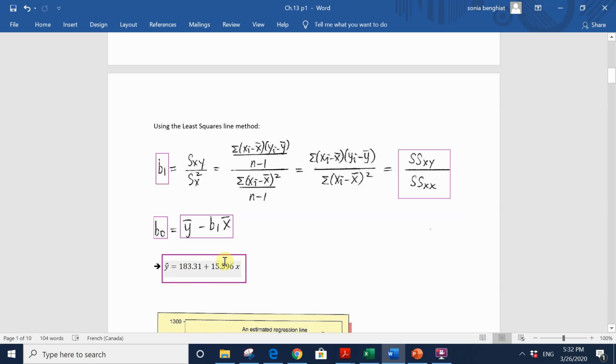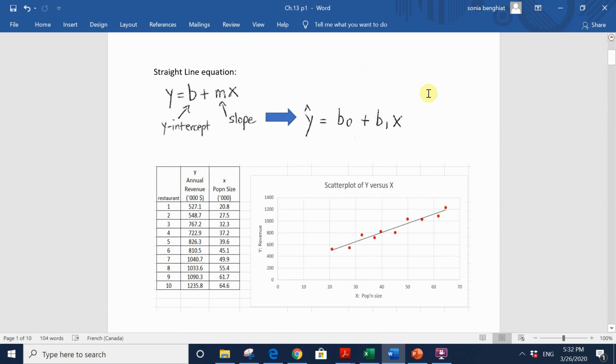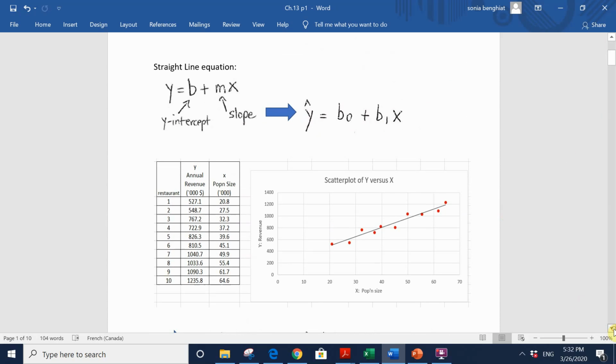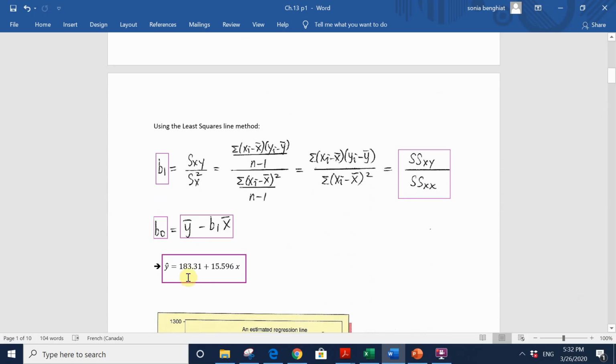Okay, so this formula right here is following this form that I have right here. And so I have over here my B naught is equal to 183.31. Of course, this is rounded to 2 decimal places. And then I've got over here my B1 is equal to 15.596.